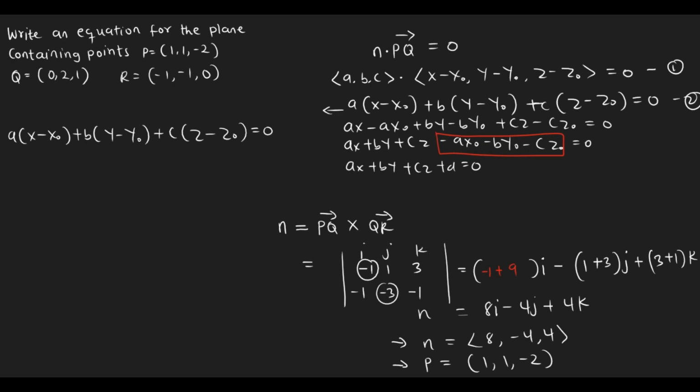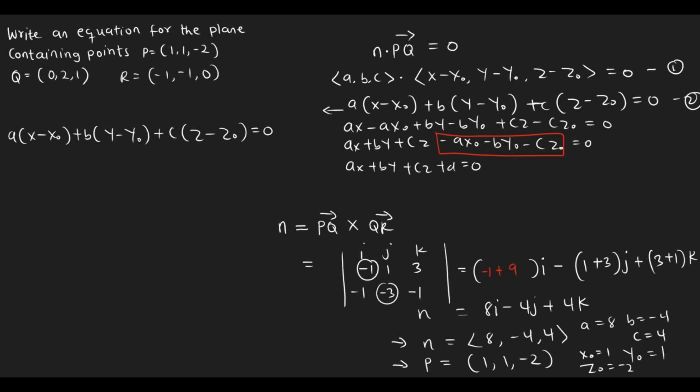So now let's do the substitution. Okay, so our a here, that's from n. Our a will be equal to 8, and then b will be equal to -4, and then c will be equal to 4. Okay, and then we'll have x naught to be equal to 1, y naught to be equal to 1, and then z naught to be equal to -2. So now let's do the substitution.